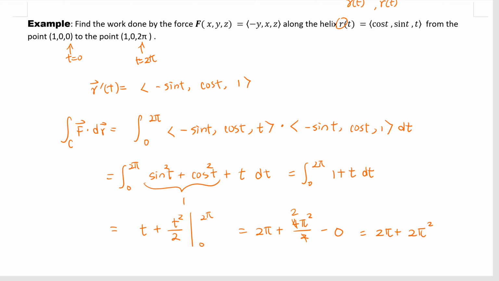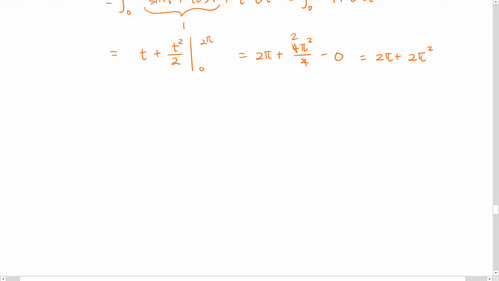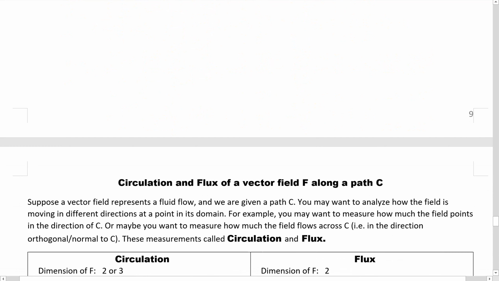Okay, so that's the work done by a force along a curve. Let's continue in video part C. I want to spend time to talk about circulation and flux. All right, see you soon.